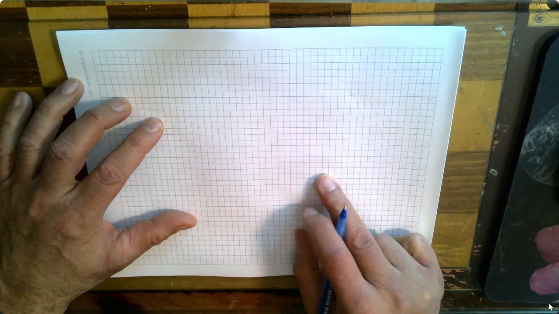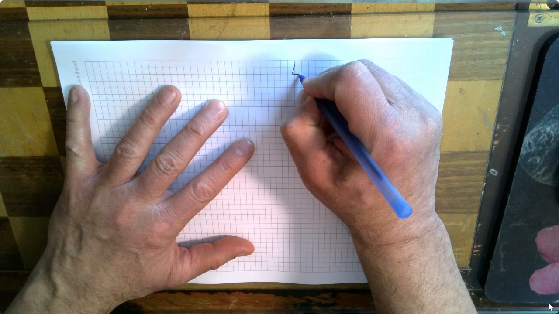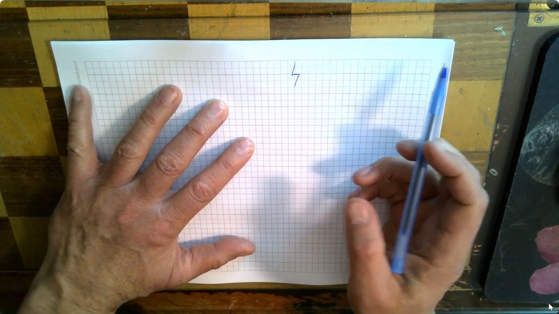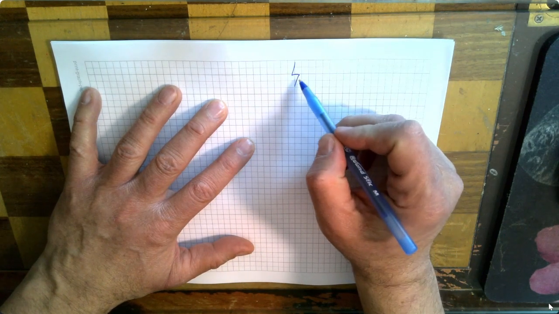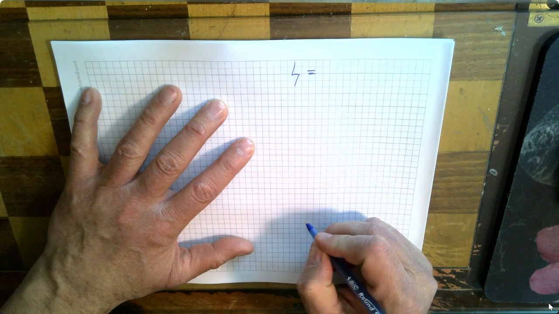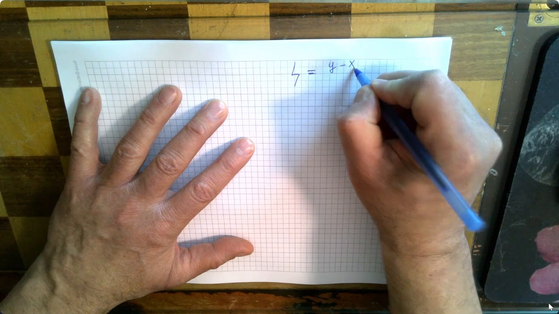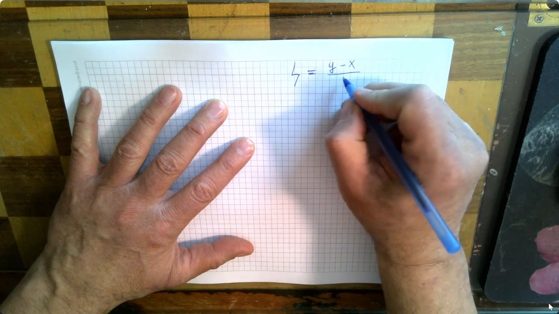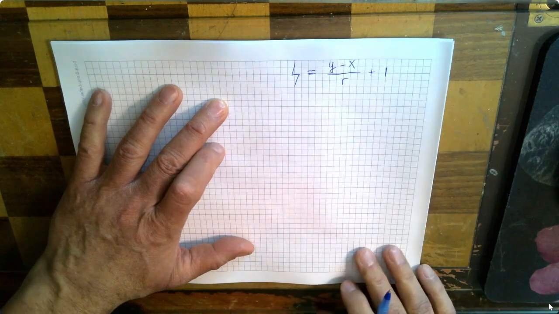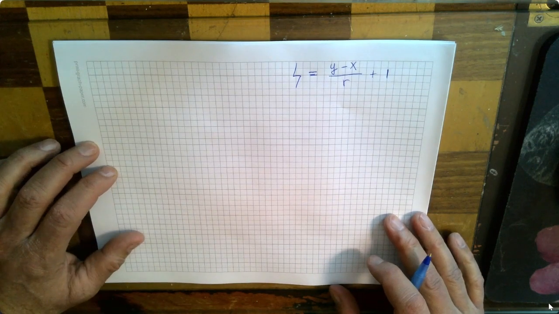In the first quadrant, it's very simple. We use the Greek letter kappa, which looks sort of like a lightning bolt or a backwards N, to represent the angle in quaterns. In the first quadrant, it is the y coordinate minus the x coordinate, divided by the radius, plus 1. And so that is the angle in quaterns.